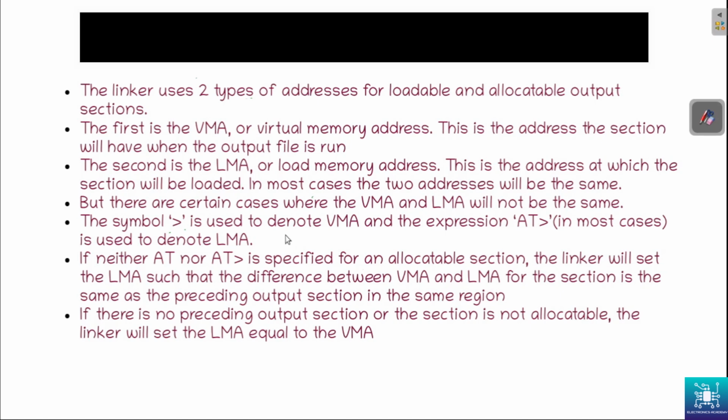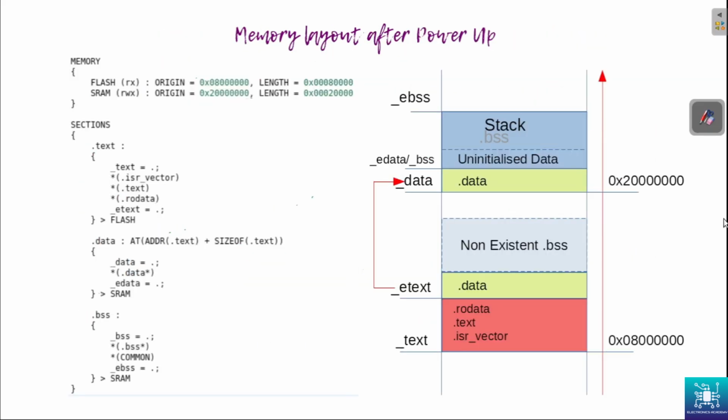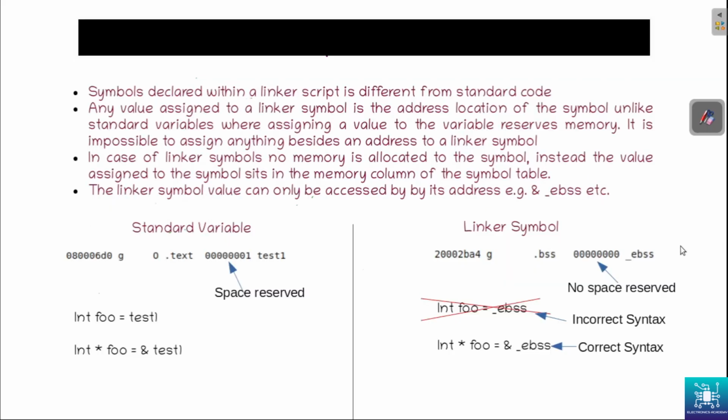There are certain cases where the VMA and LMA will not be the same. The symbol greater than is used to denote VMA, and the symbol at greater than in most cases is used to denote LMA. We saw in the previous case that the at was written at the beginning of the section.